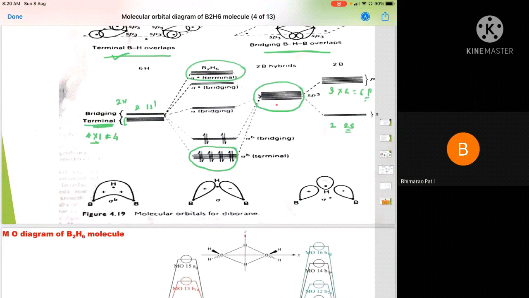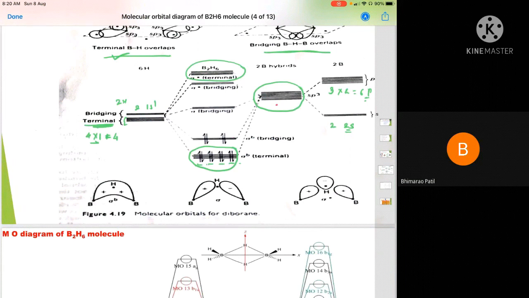Then according to the above principle, electrons are filled in increasing order of their energies, and therefore electrons are filled first in the lower energy molecular orbitals, that becomes 2, 2, 2, and 2. That is, 4 sigma bonds are formed between the two boron atoms and the 4 terminal hydrogen atoms.